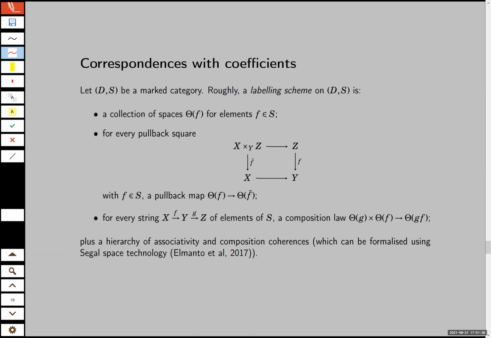So for this, I'm going to use the concept of a labeling scheme on D. I don't give a precise definition of this because at the moment the precise definition is contained in a paper of Mantovani, Hoyois, and the complete list of authors is written on the next slide. The paper is called Motivic Infinite Loop Spaces.